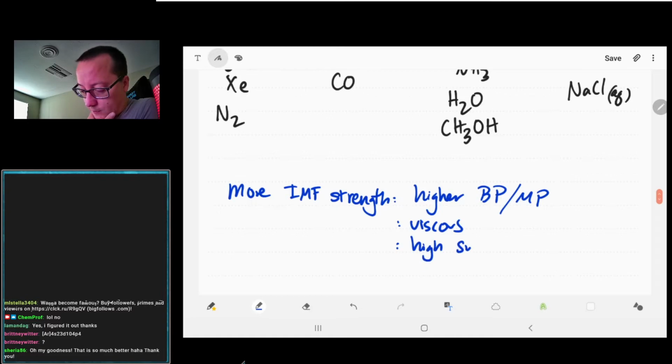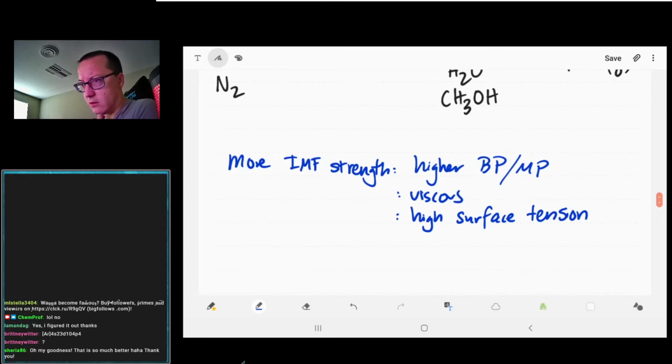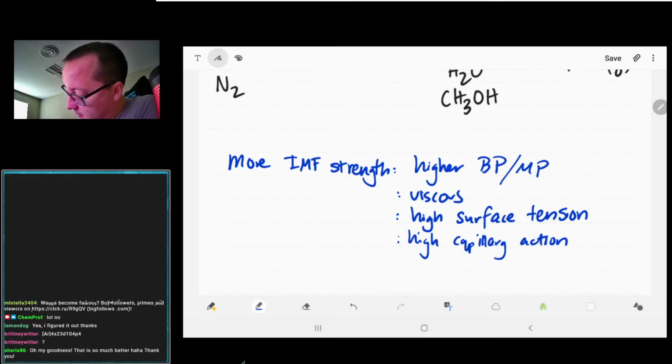High surface tension. Did we talk about capillary action here? Why not? So, I guess I can be consistent here. These would have high viscosity.